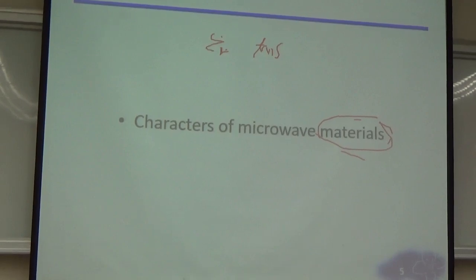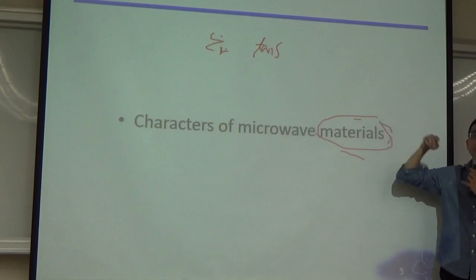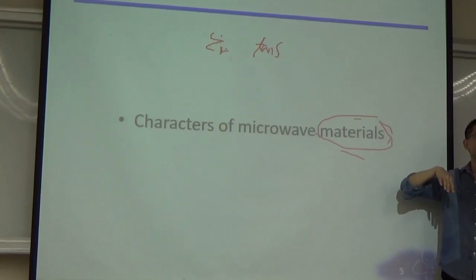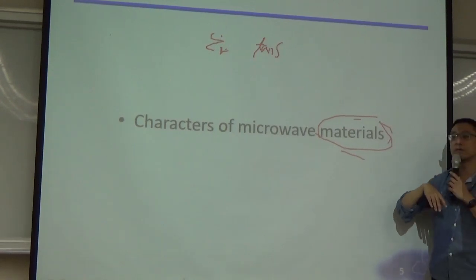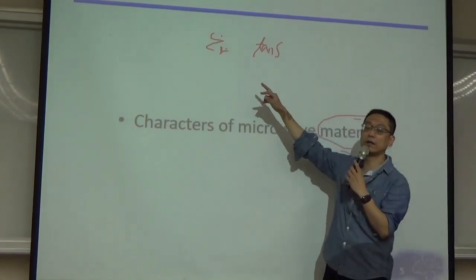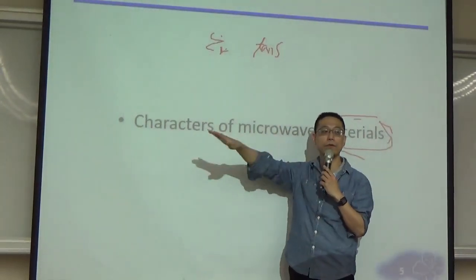For students who only want to design circuits, maybe you just key in these parameters in your ADS. That's it, maybe. But first of all, they are not constant for all frequencies.